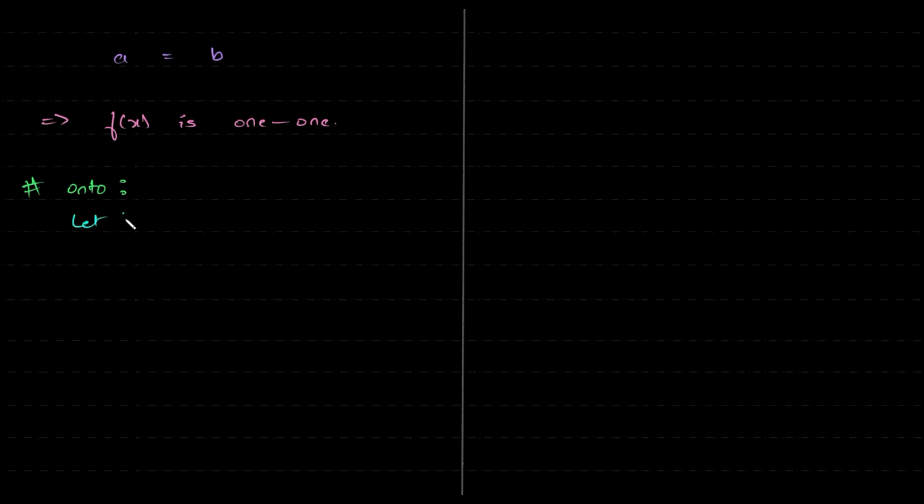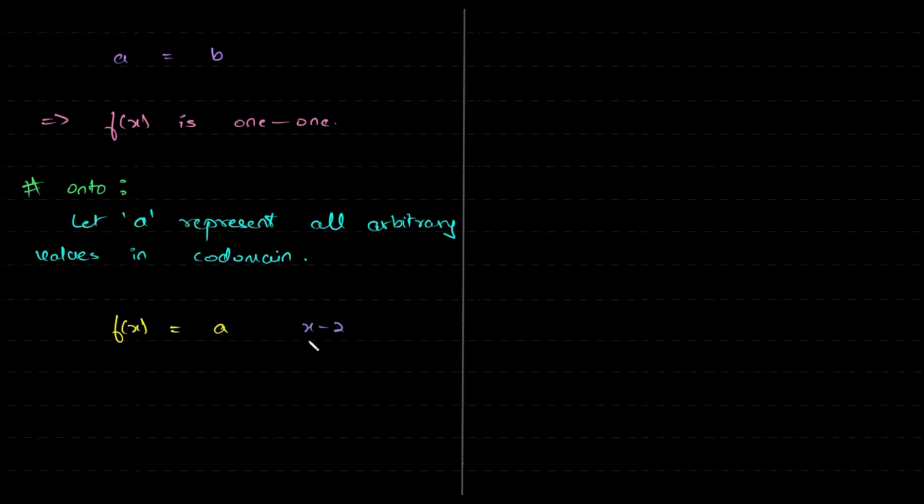Let a represent an arbitrary element in the codomain. Then f of x will be equal to a, which can be rewritten as (x minus 2) divided by (x minus 3) is equal to a.